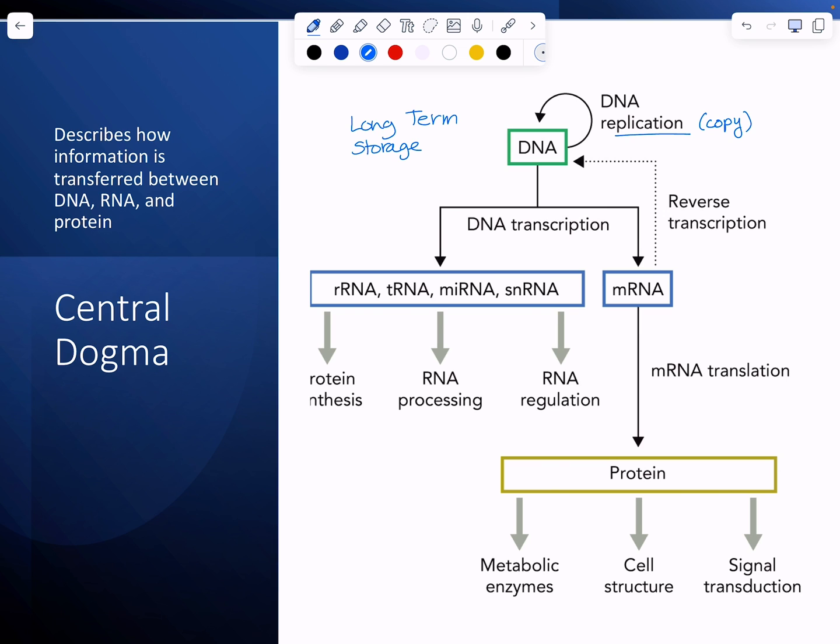So transcription results in an RNA copy of DNA. And we have multiple different types of RNA, but the RNA is our information transport molecule.